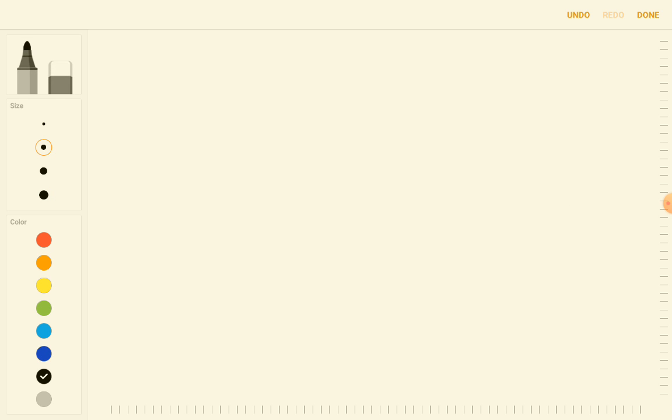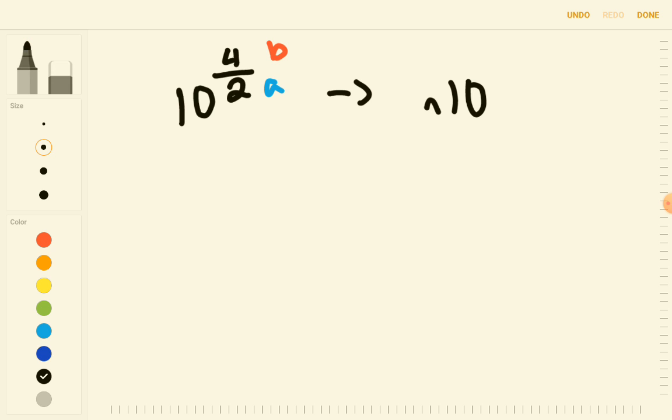Now for our last problem, we have 10 to the power of 4/2. When we first write it out, we would get 10, and our a value is 2, and our b value is 4. But since we can't do the square root of 10 without getting a decimal, what we can do is simplify the fraction.